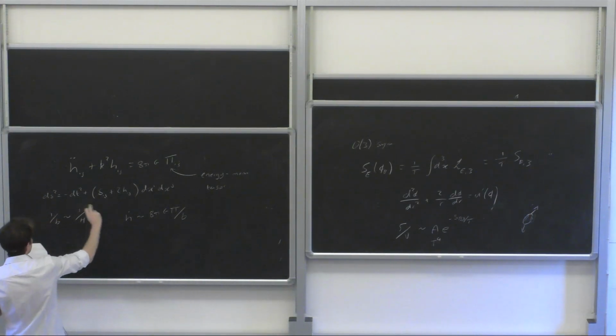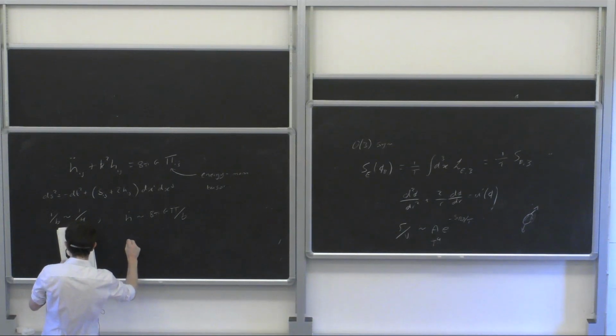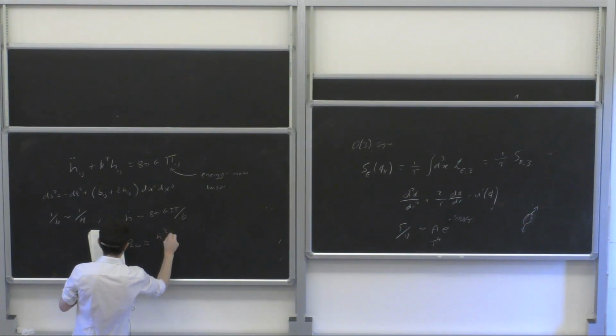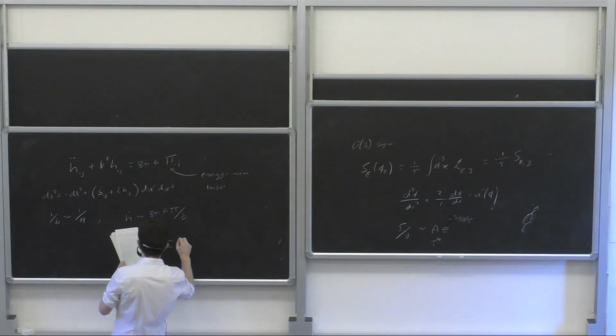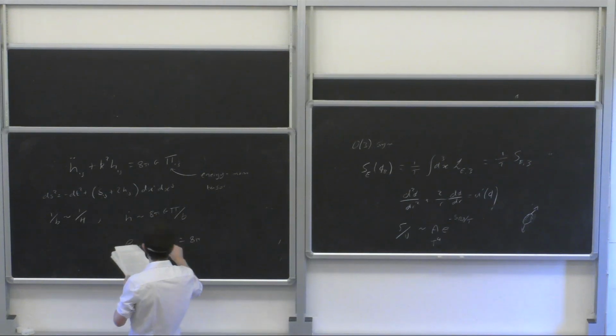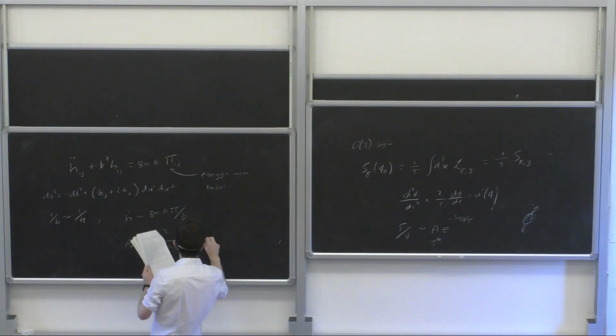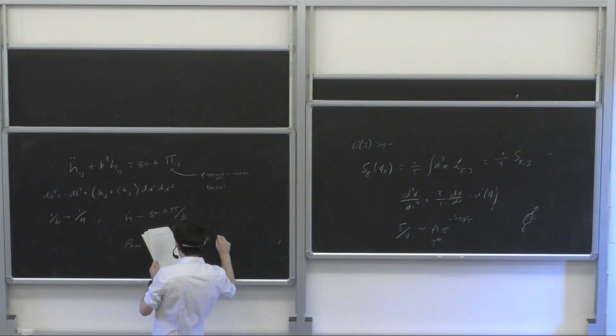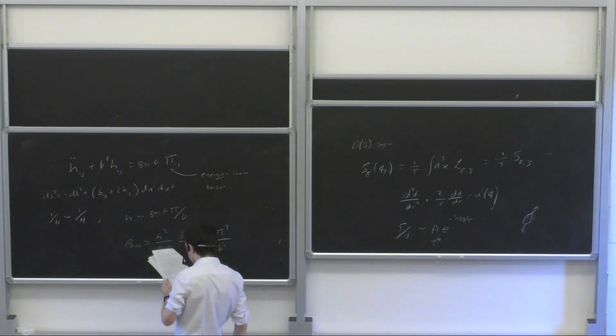And at least with this normalization of the metric, the energy density in gravitational waves is roughly equal to h dot squared over 8 pi G Newton, which then gives me a somewhat plausible estimate that the energy density in gravitational waves is 8 pi G, with this factor coming from that, the stress energy tensor squared divided by b squared.